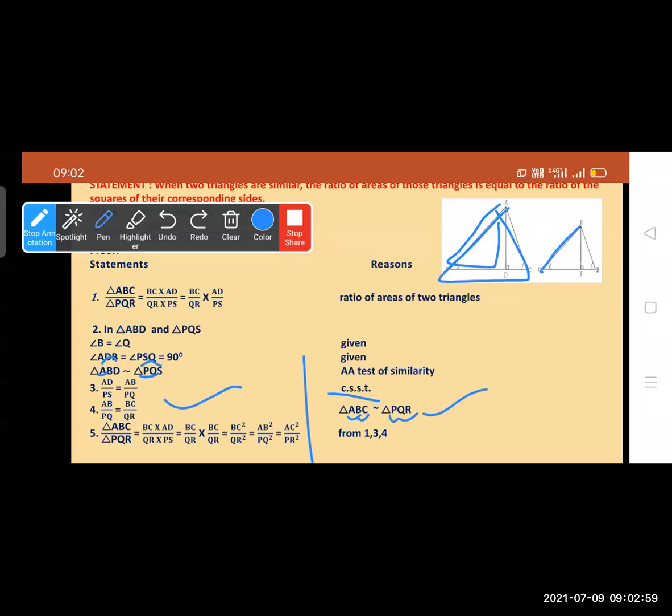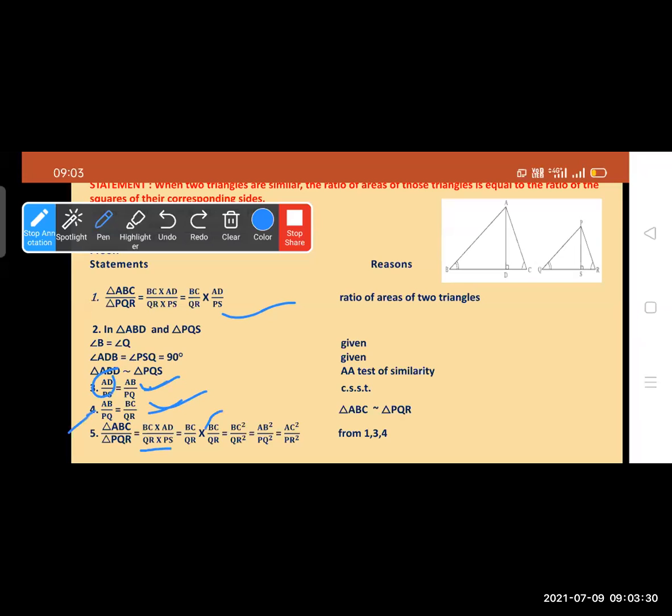Okay, so from this condition 3 and 4, BC by QR. See, first we write the first condition BC by QR into AD by PS. But here AD by PS is equal to AB by PQ and AB by PQ is equal to BC by QR.